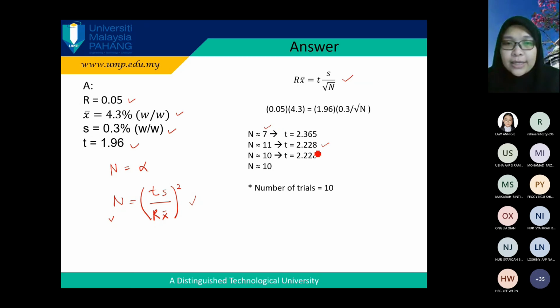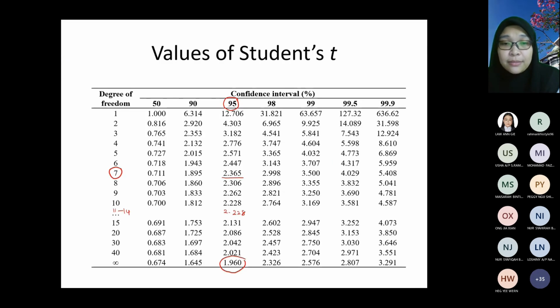Now calculate again the number of n using the new t. You're supposed to get 10. Yes, 10. Okay, so you get 10. Now t is equal to 2.228 because they are the same.